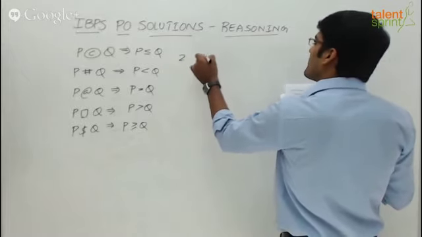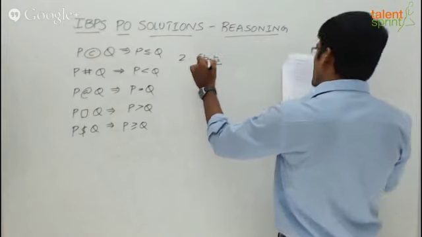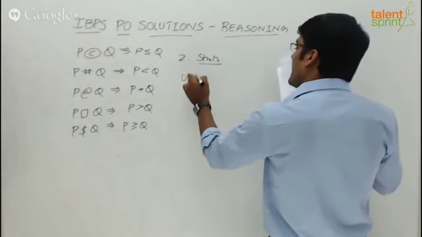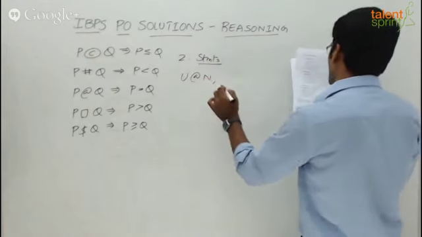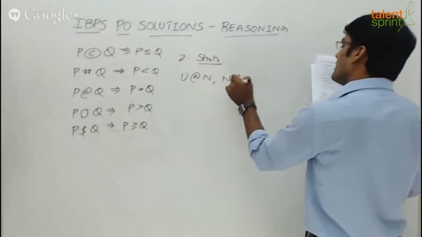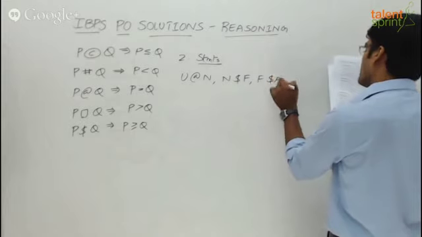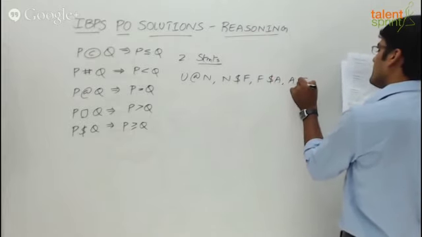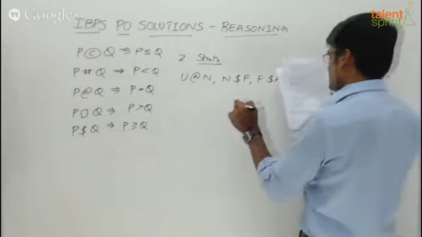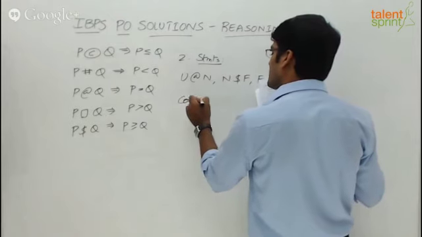So statements, different statements are given here. U at the rate N, N dollar F, F dollar A square R. Conclusions. Look at the conclusions.